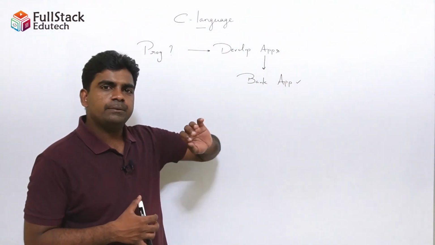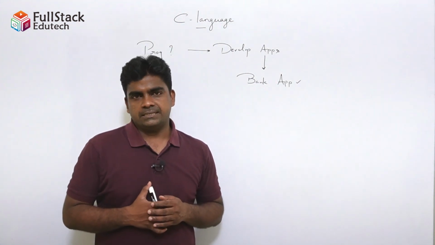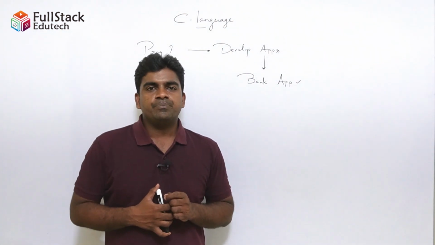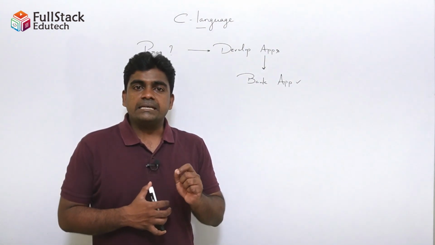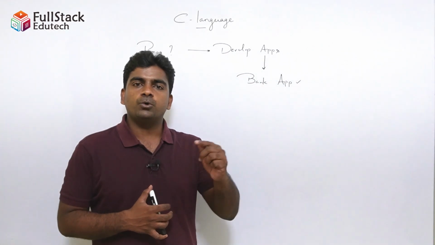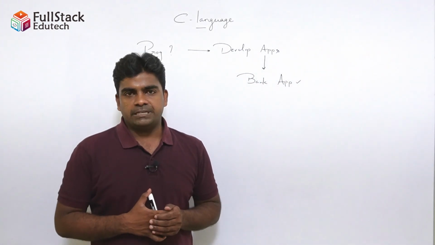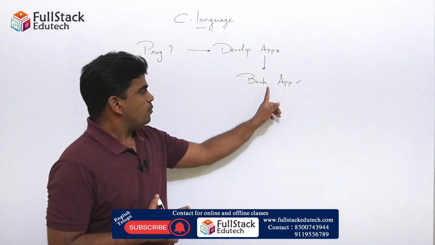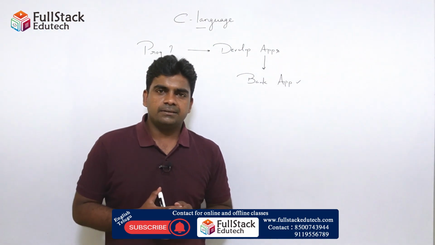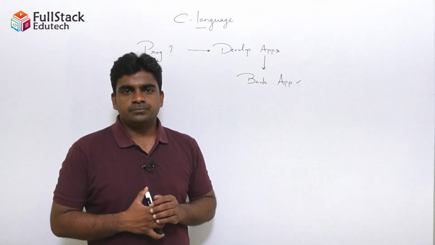So what is the main purpose of a banking application? Simply to say, every application is responsible for storing the information and processing the information. Suppose, what is the main asset of banking? Account holder.